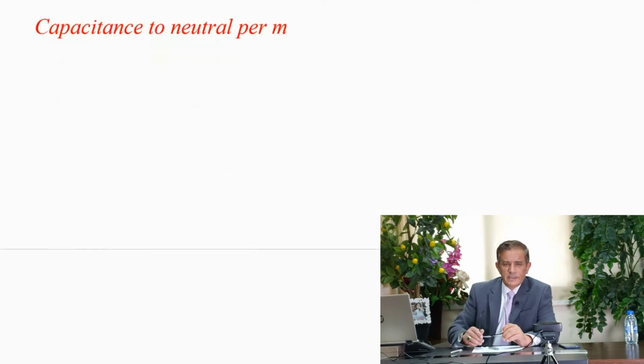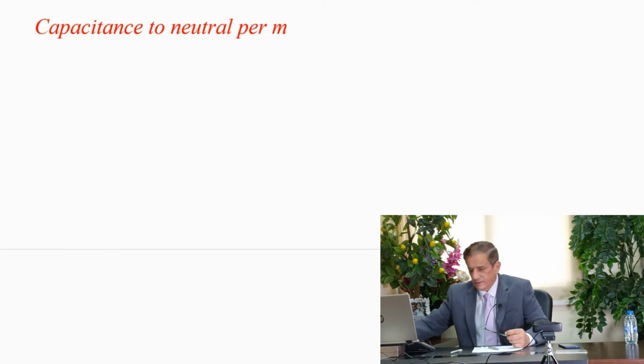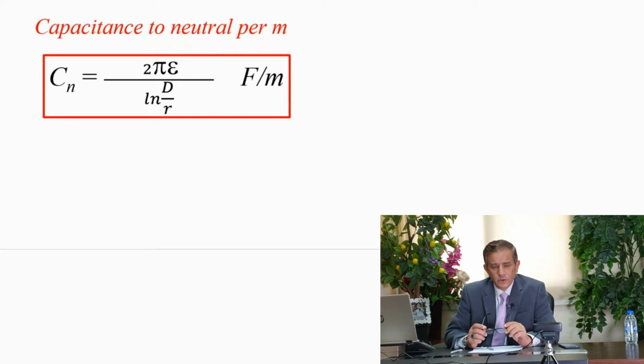Now, capacitance to neutral per meter. We have a formula for the capacitance, a simple formula: 2π epsilon over ln D over R. Here in the capacitance, R is the radius; there it's R dash. So D is known for me, R is known for me, it's only substitution, because epsilon is 8.85 times 10 to the minus 12.